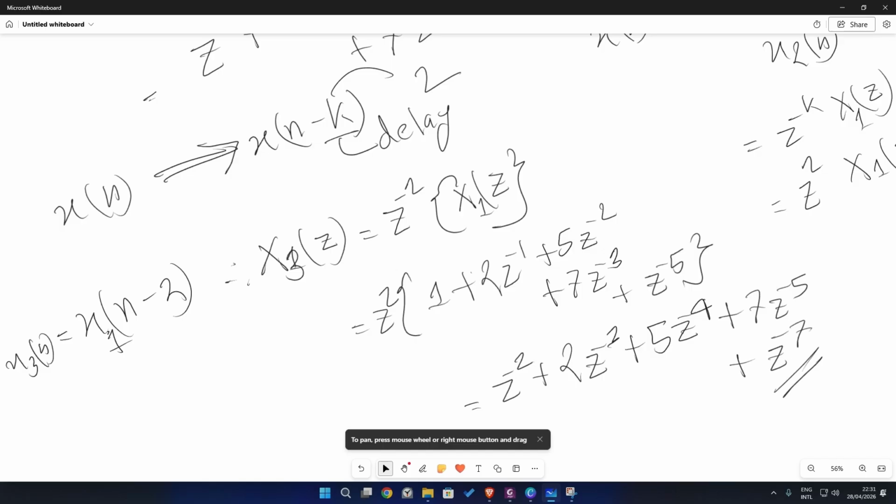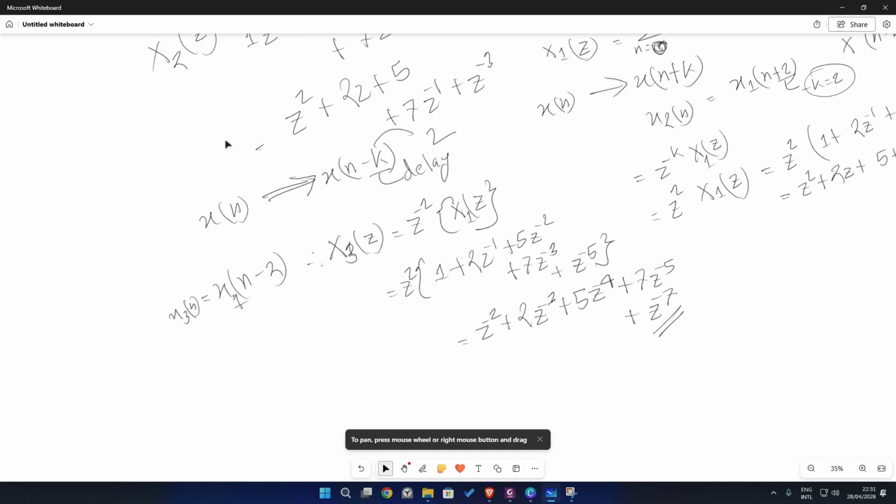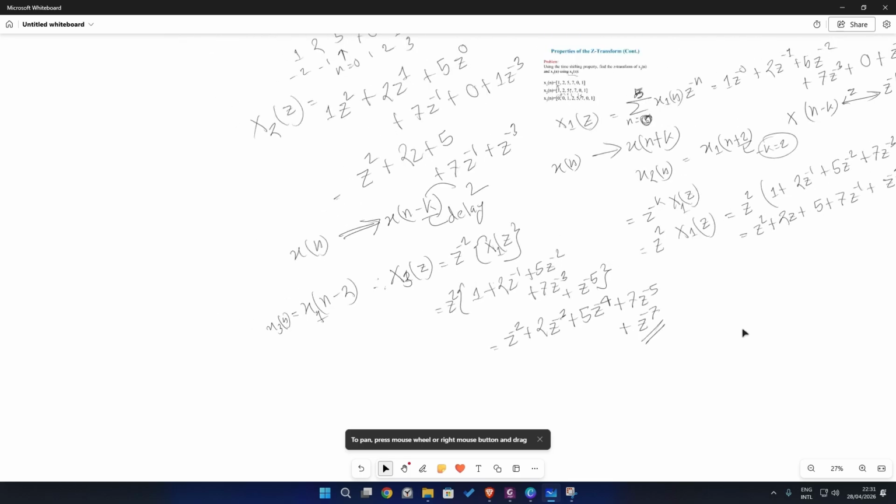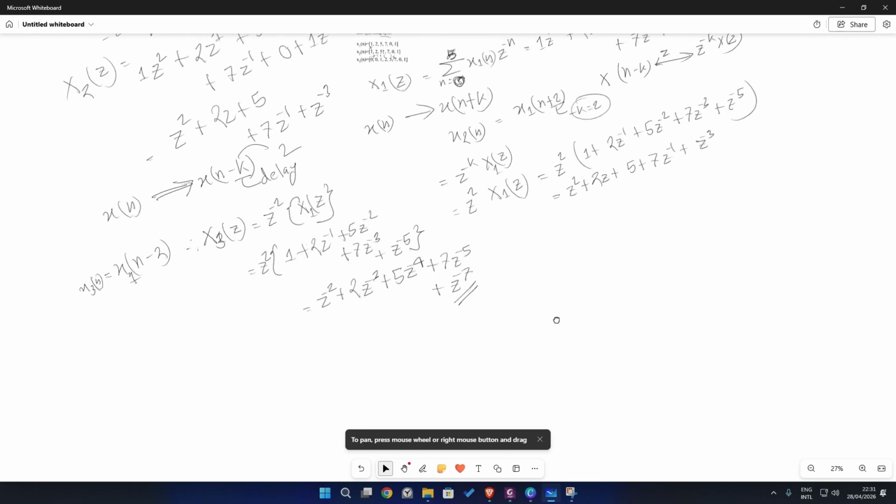So this is the final answer. If we manually compute the z transform of x3[n], we will get the same answer. You can verify it on your own. So this is the answer.